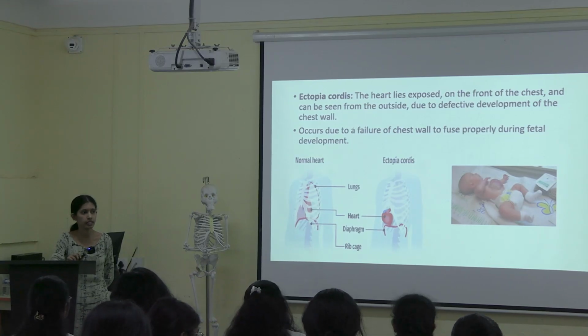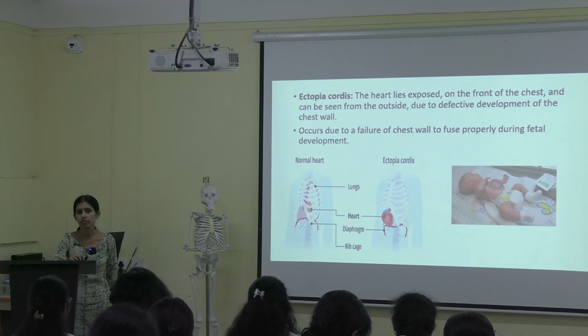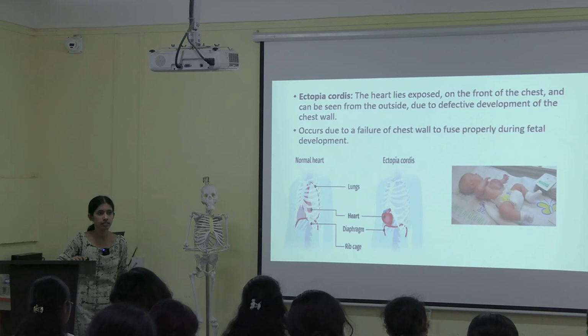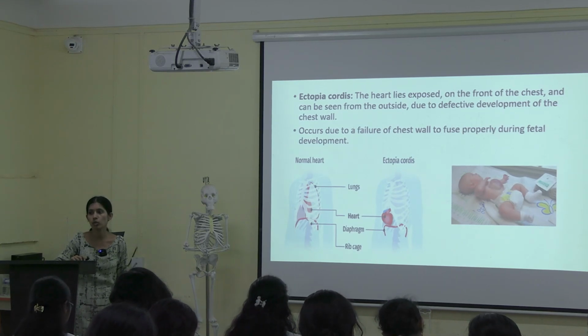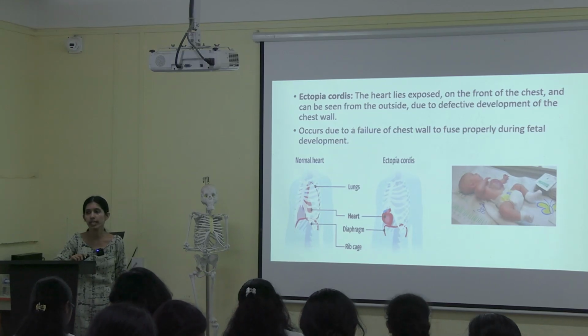It is a rare heart condition in which we can see the heart pointing towards the right side instead of the left side. When it is present along with situs inversus, we can see the other organs also present on the wrong side or the opposite side of our body. Okay. The next condition is Ectopia Cordis.